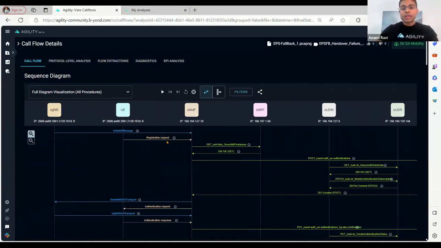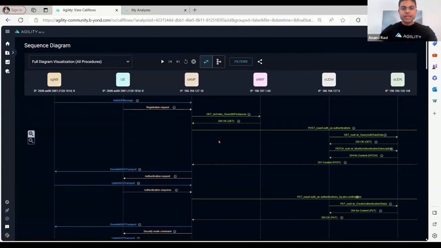And that really eliminates the problem of network functions being virtualized today and IPs being dynamic. In fact, we have seen cases where the same IP can be assigned across originating and terminating nodes. So ideally, I would have to flatten out that topology in order to look at the message exchanges between both domains, right? So that's the sequence diagram that Agility provides.